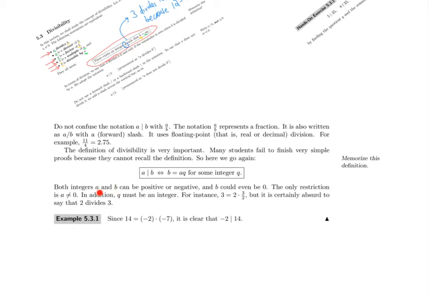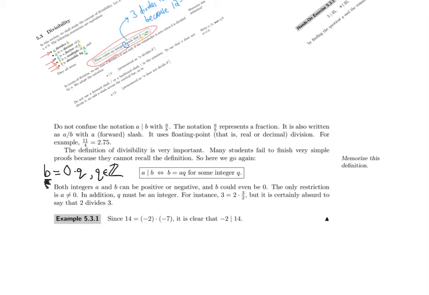We have that a and b can be positive or negative, and b could even be 0. For us to make a not equal to 0, well, think about it. If I said b equals 0 times q for some q in Z, the only thing that b could possibly be is 0. So it's kind of weird to say 0 divides 0.